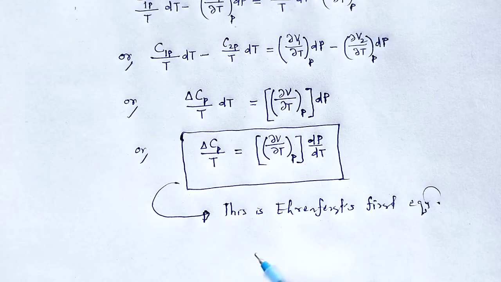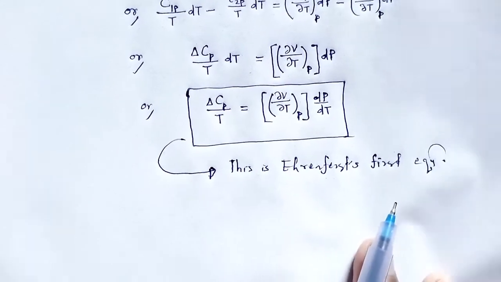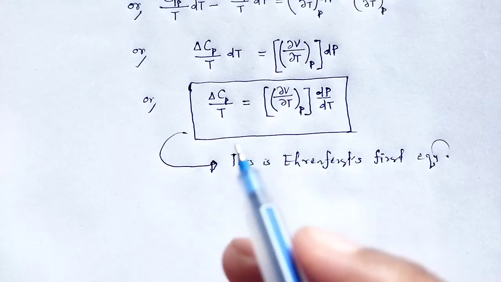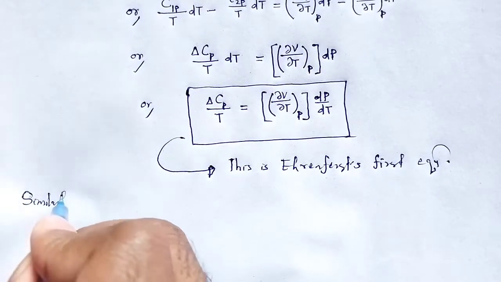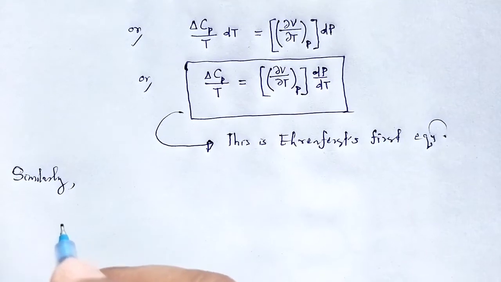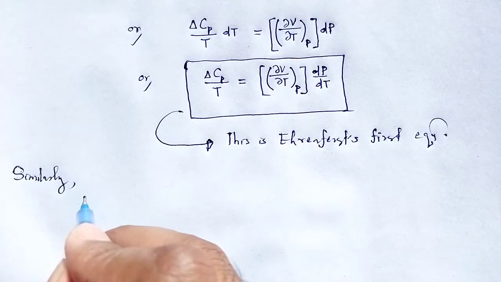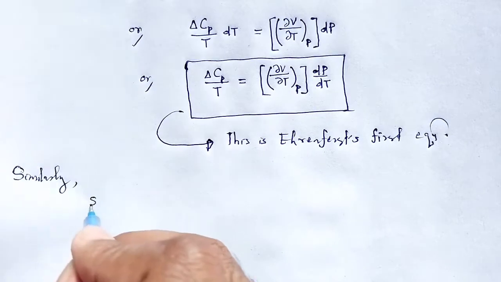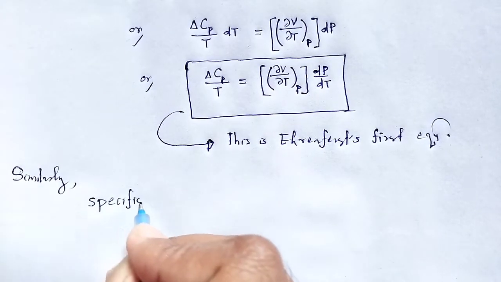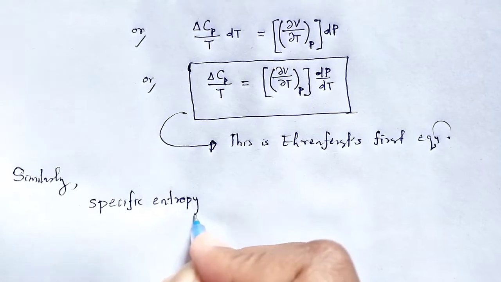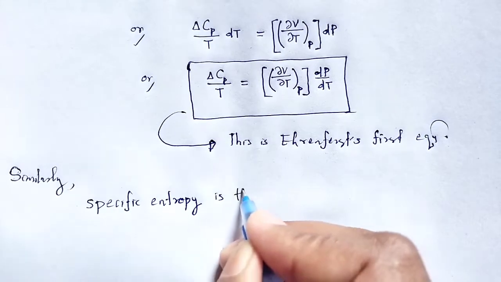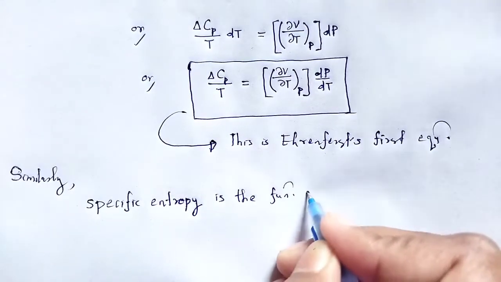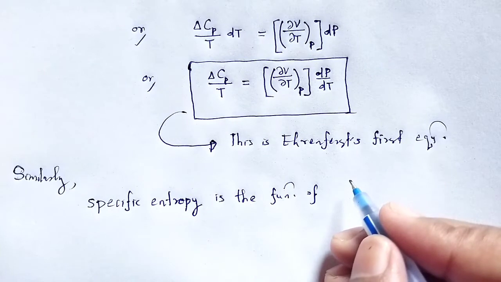But similarly, if we take entropy as a function of temperature and specific volume, let me consider specific entropy is a function of temperature and specific volume.